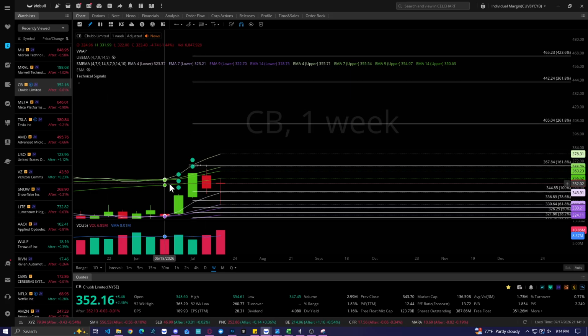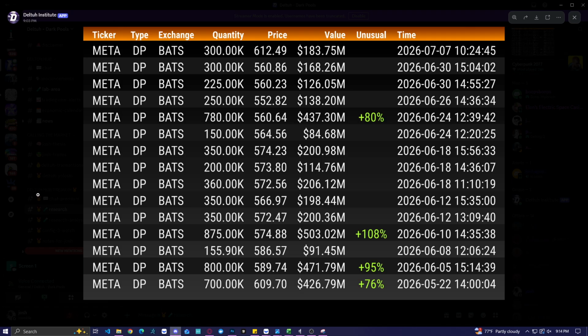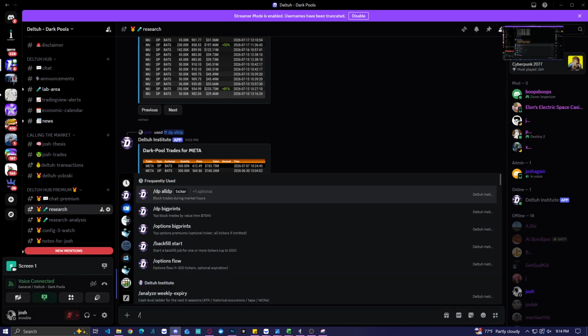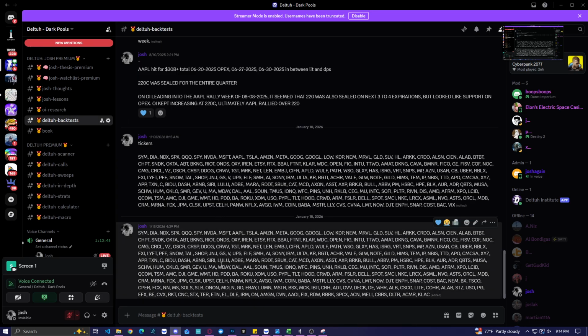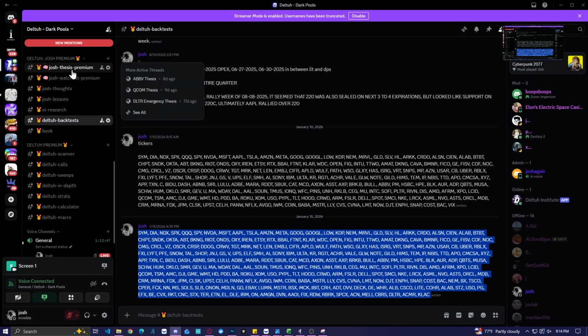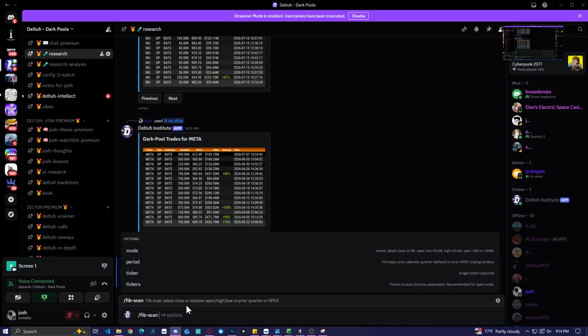So, I'm looking at CB. A command that I frequently use is this fib scan command. I'll use fib scan and then I'll come here to get all of my tickers, because I have all my tickers in this backtest channel.